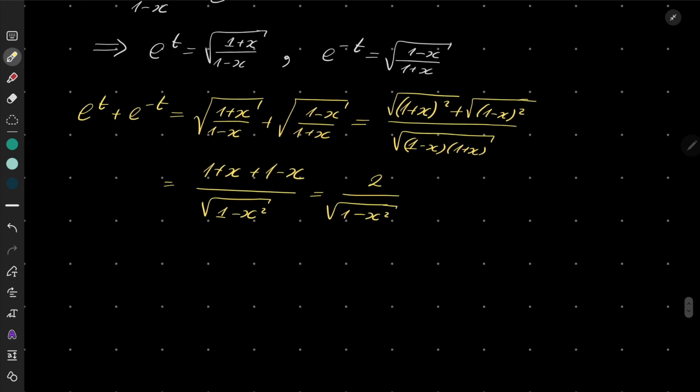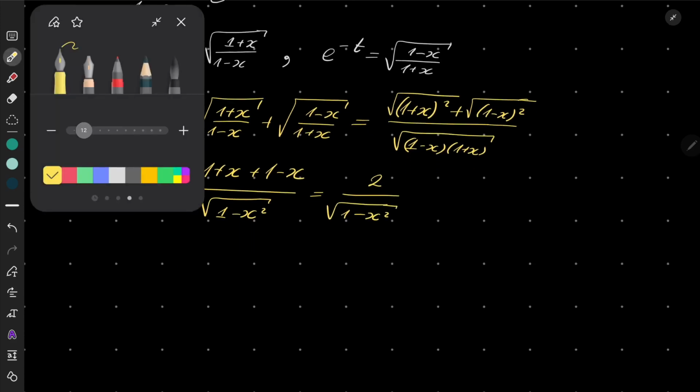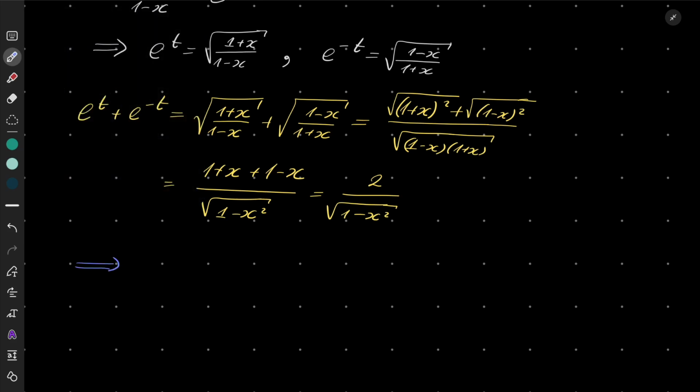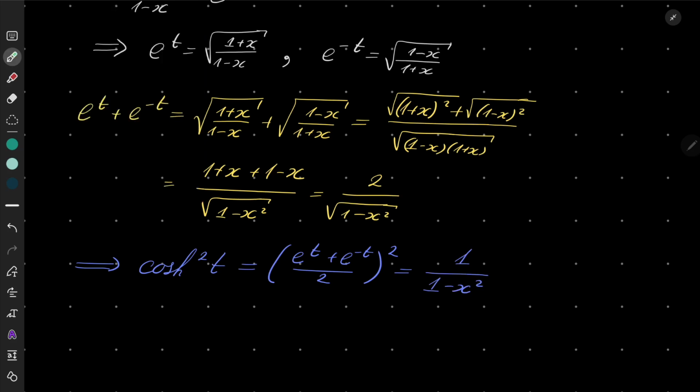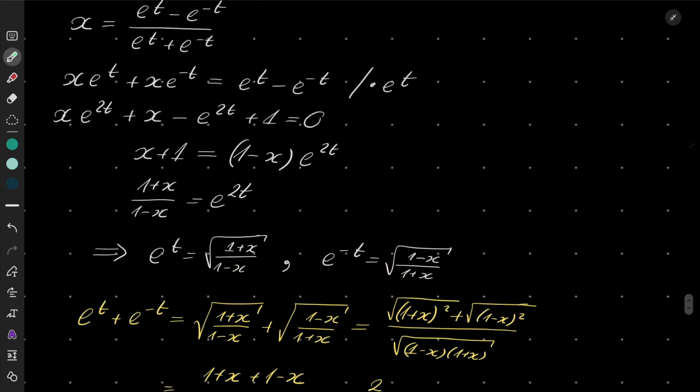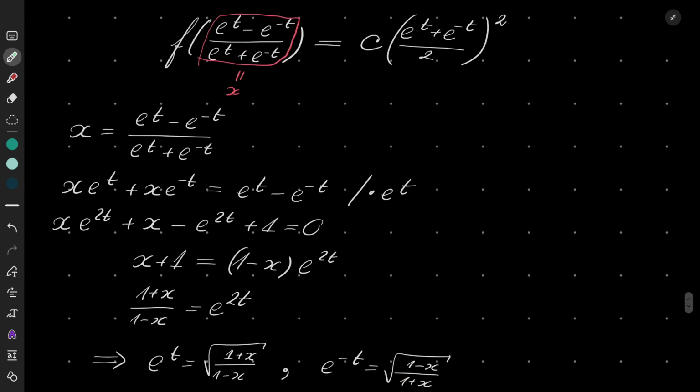And that means, in turn, that hyperbolic cosine squared of t, which is just e to the power of t plus e to the power minus t over 2 squared, what is it? Well, it's just 1 over 1 minus x squared. So now we have our simplified form of our function f.